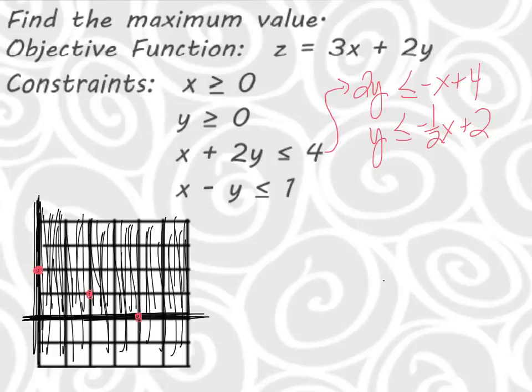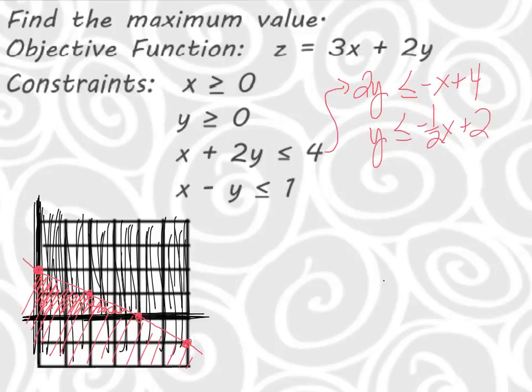Do that a few times, get several points in there. It's an or equal to, so it's going to be a solid line. I want all of the y's that are less than or equal to that, so that's everything below. What's triple shaded is really just this little triangle here, because it was forced into the first quadrant by my first two constraints.